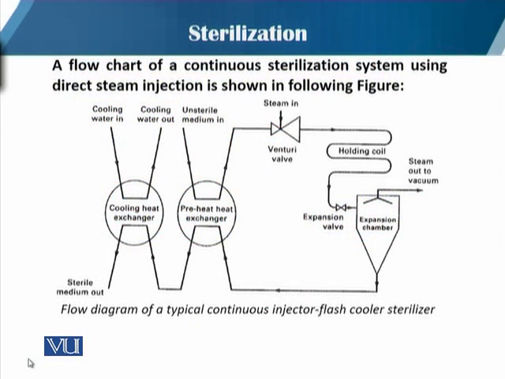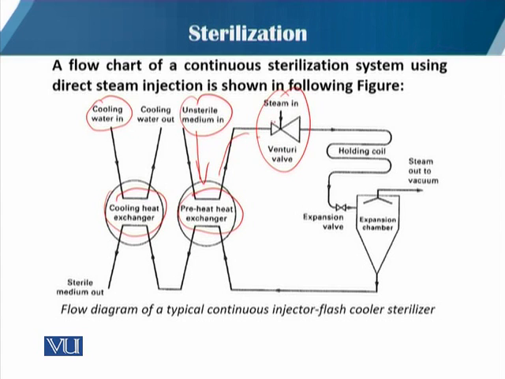In this slide, you can see the whole continuous sterilization system using direct steam injection. This is the cooling heat exchanger and the preheat exchanger. Cooling water out, unsterilized medium, then the injector, and steam enters directly into it, then the holding coil, then the expansion valve, and this is the expansion chamber.